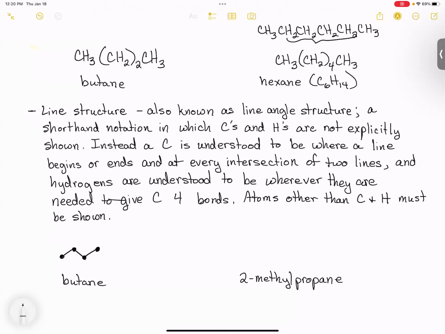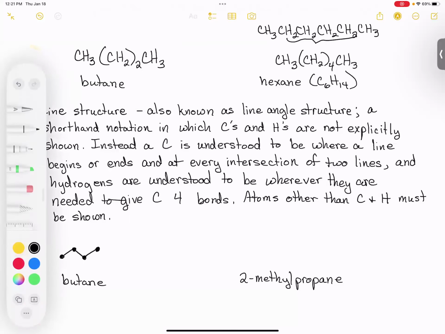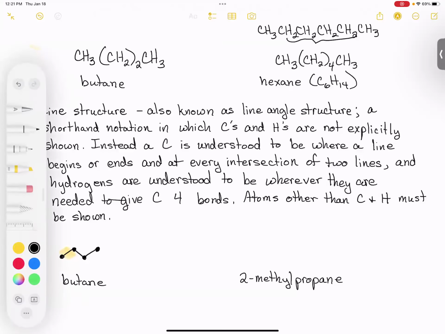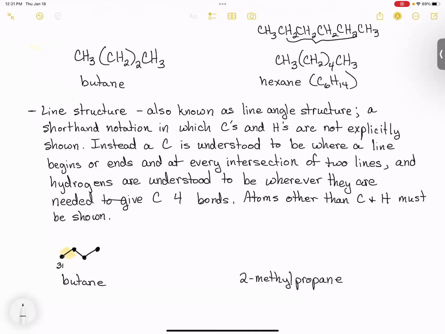And we know the number of hydrogens based off of the fact that carbon must have 4 bonds. So, for example, this very first one here, there is only 1 bond showing. Because there's only 1 bond showing, that must mean that this particular carbon has 3 hydrogens attached.